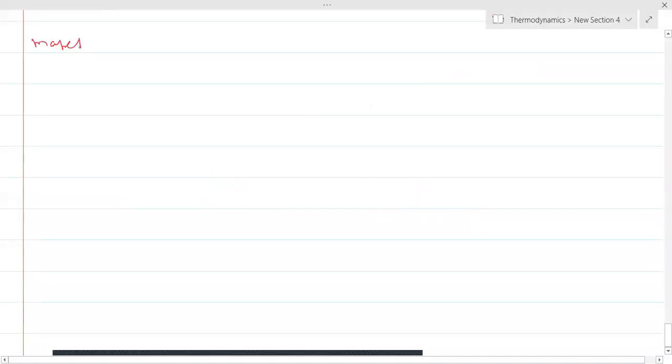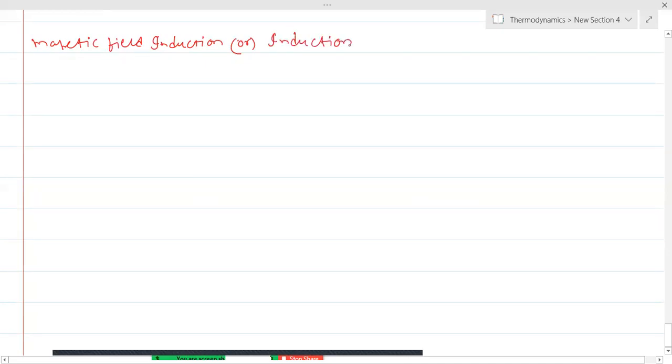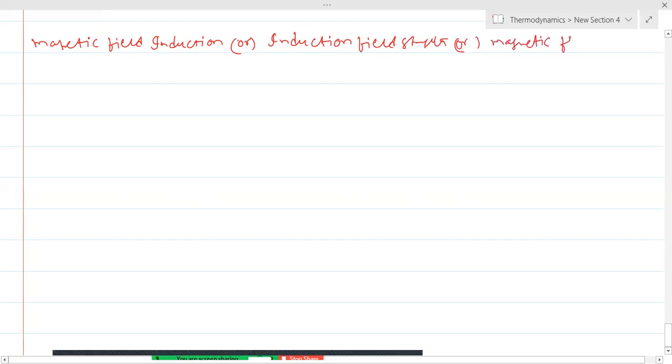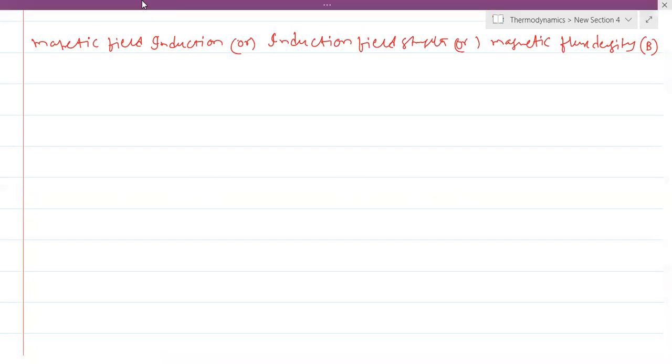One is magnetic field induction, or induction field strength, or magnetic flux density. So we can call it magnetic field induction, or induction field strength, or magnetic flux density.